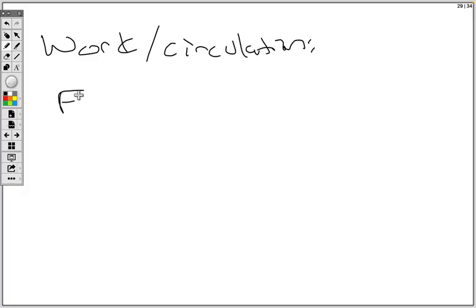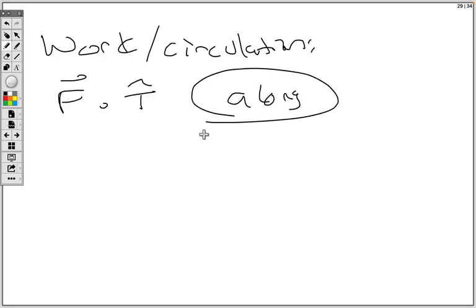So work and circulation both involve moving along with the field. How much of the force is in the direction of motion?